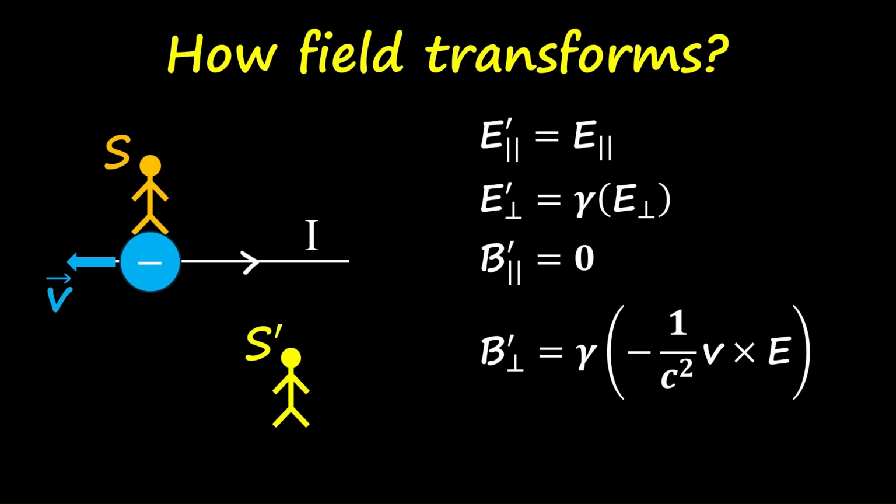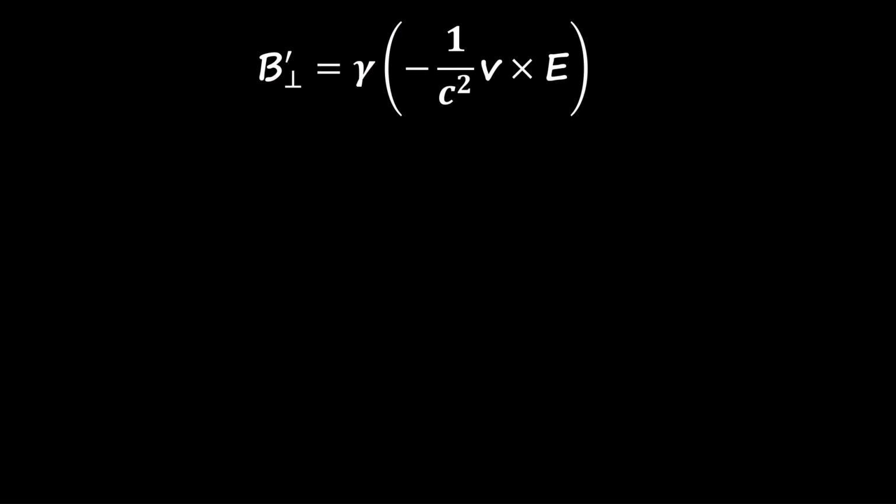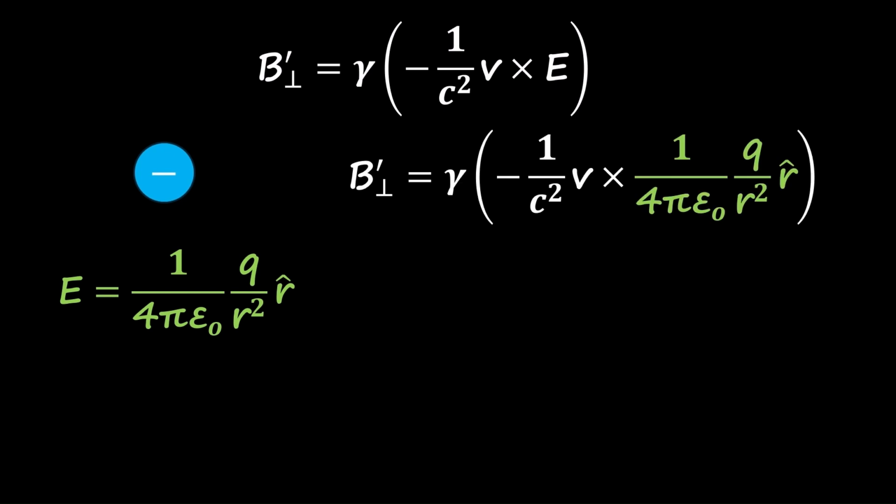Now I want to show you something interesting with the fourth formula. In this expression, we can substitute E by using the electrostatic expression for a point charge, that is E is equal to 1 by 4 pi epsilon naught q by r square into r cap. So if I substitute this expression, then I'll get this expression.